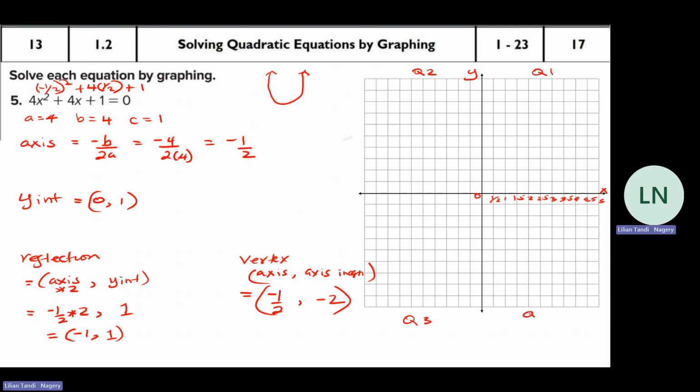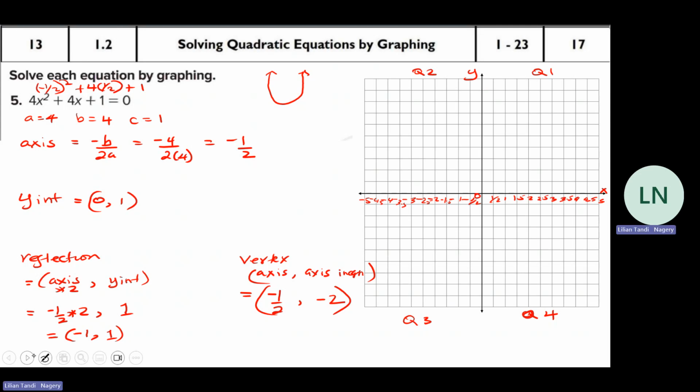Always remember so that this information stays in your brain. Negative a half, negative 1, negative 1.5, negative 2, negative 2.5, negative 3, negative 3.5, negative 4, negative 4.5, negative 5. And then you draw your graph.